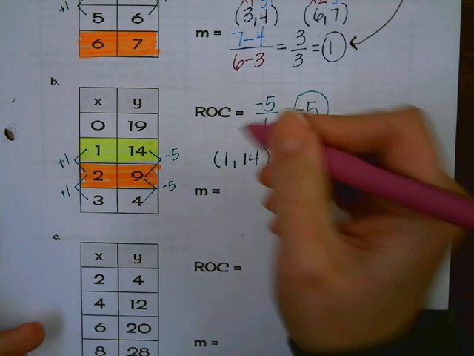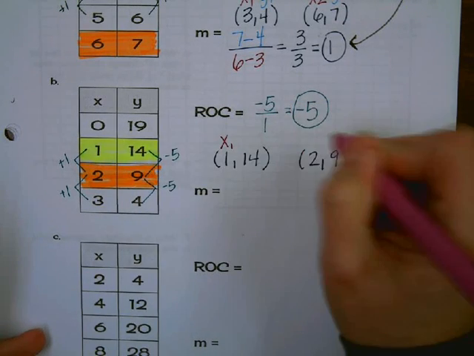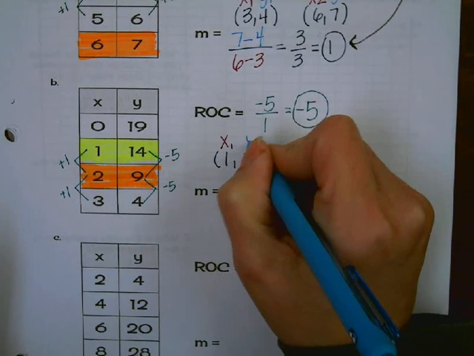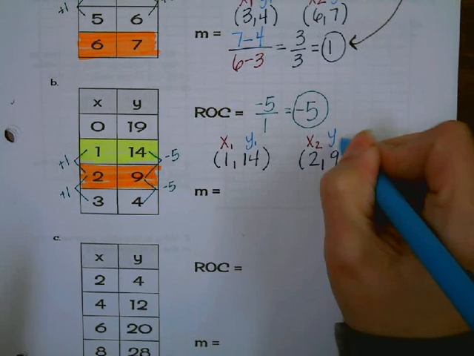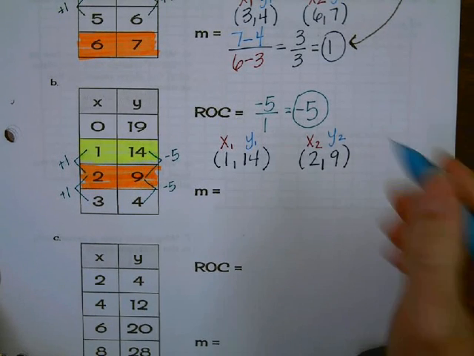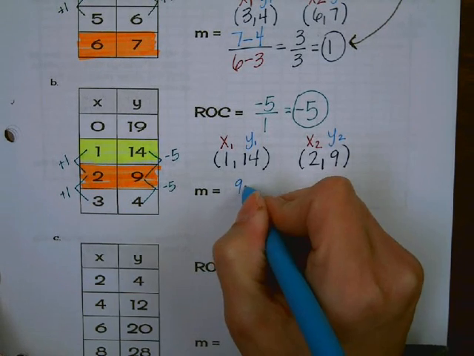Here is my x1, here is my x2. Here is my y1, here is my y2. So now I'm going to do that slope formula. y2 minus y1, 9 minus 14.